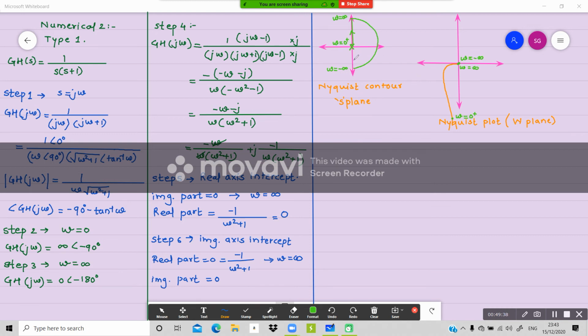And now you are going towards omega equal to 0, but I'll write omega equal to 0 minus. Right, and we know that the exact mirror image of this is going to be over here. So I'll try to draw the mirror image. I don't know how accurately I'll be able to draw it.